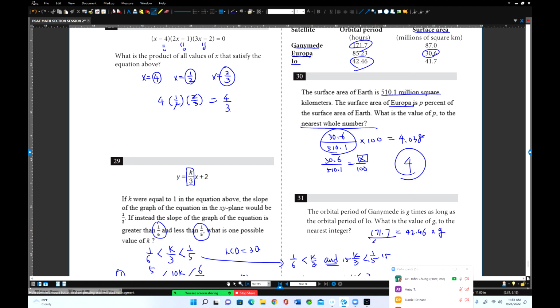You can divide by 42.46. It's going to give us the value of g. So 171.7 divided by 42.46 equals 4. Okay, nearest integer. This one equals 4.04, but the nearest integer 4 is correct.